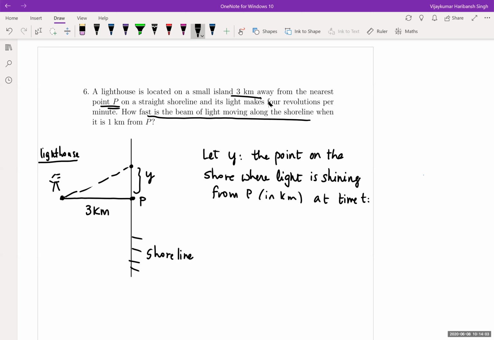This angle is theta. Theta is the angle shown.